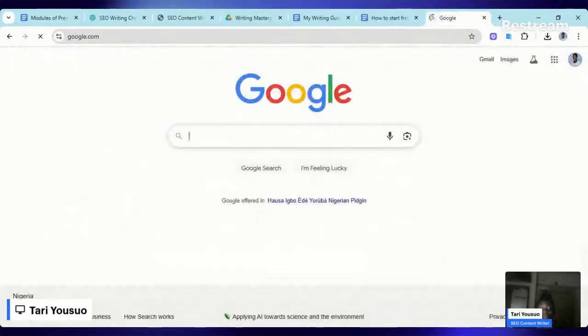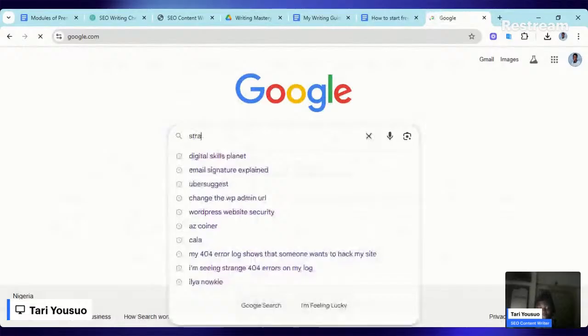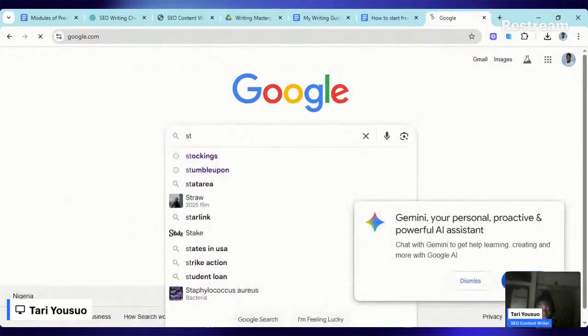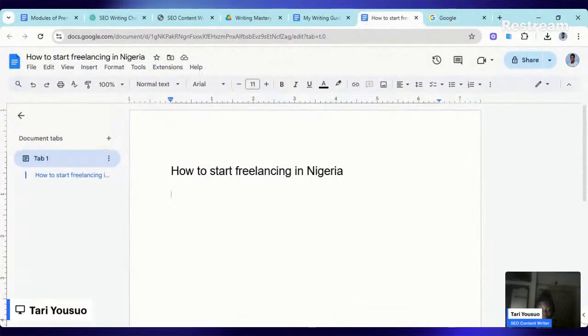So first, what I usually do is I start broad. So I could just say start. That's the keyword actually. Start freelancing in Nigeria. Even if I remove this "how to," it would still maintain the idea of this article.